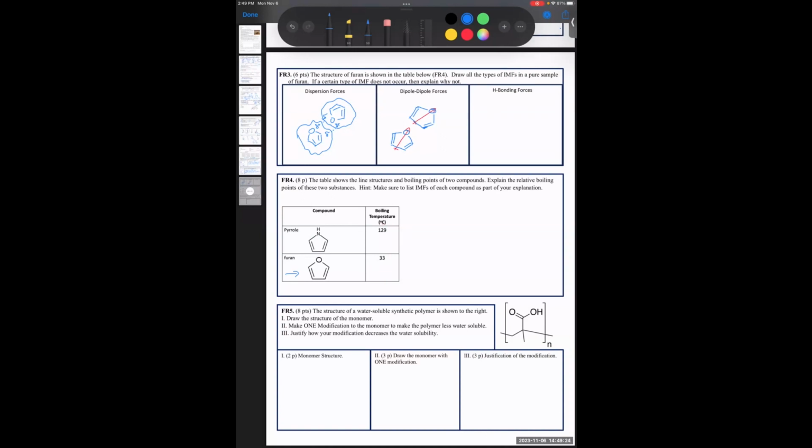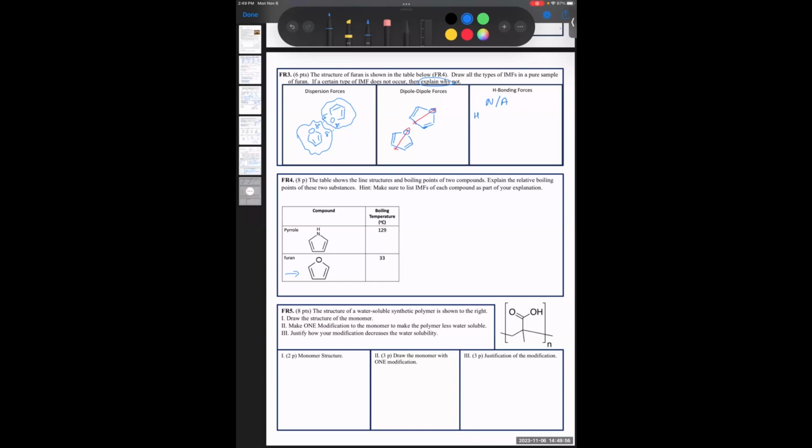Okay, something like that. So that should be dipole-dipole interactions. Hydrogen bonding, there's no way we can have hydrogen bonding interactions in a pure sample of furan. So I'm going to say not available or not present, something like that. And I need to explain why not, because I don't have hydrogen.